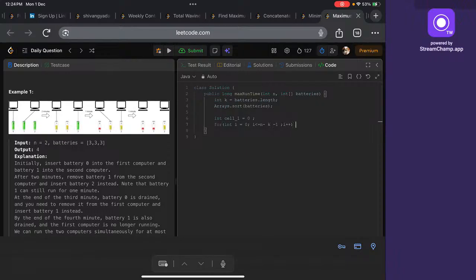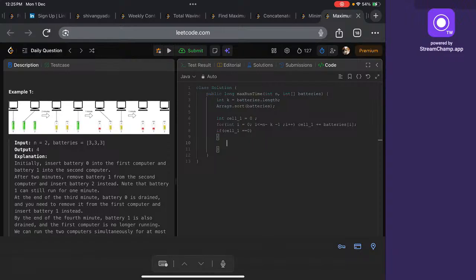Sum those values. Say cell1 less than or equal to batteries of 5. If this single unit is 0, then we cannot run it for the extra time.